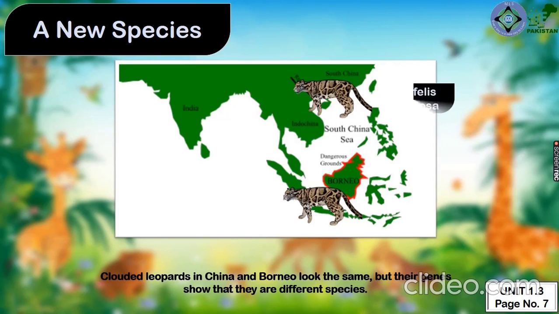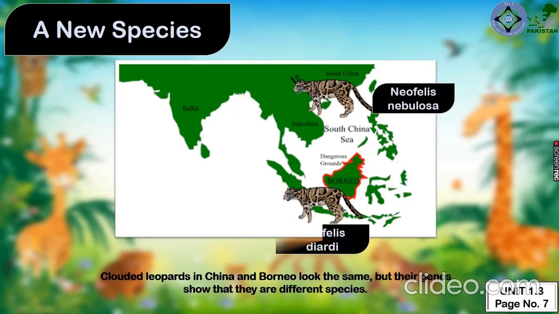So, Neofelis nebulosa is the scientific name of clouded leopards found in China, commonly known as mint leopards. And Neofelis diardi is the scientific name of clouded leopards found in Borneo, commonly known as tree tigers.